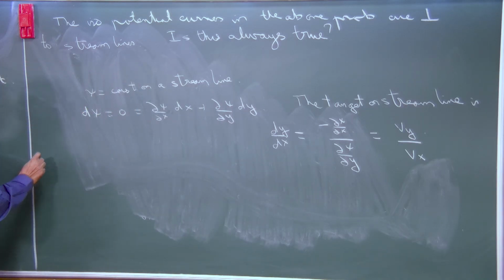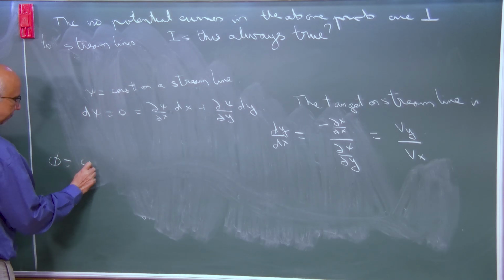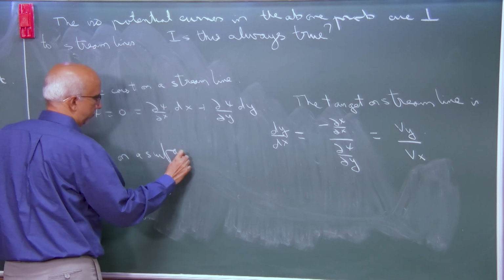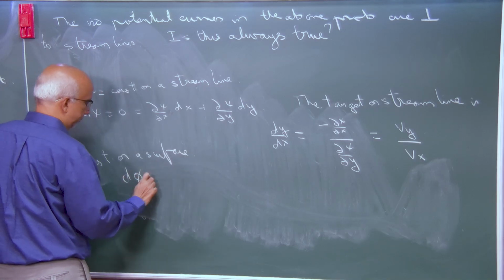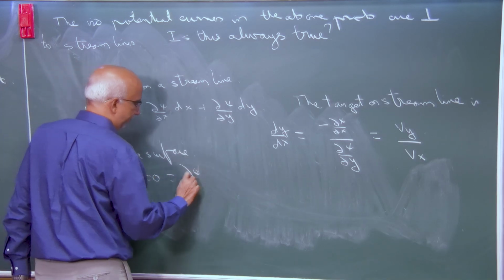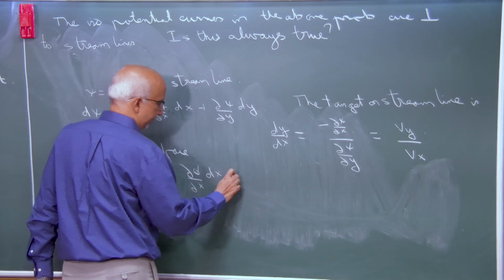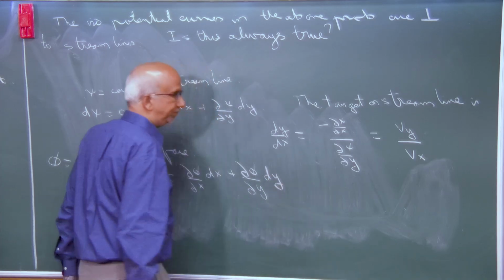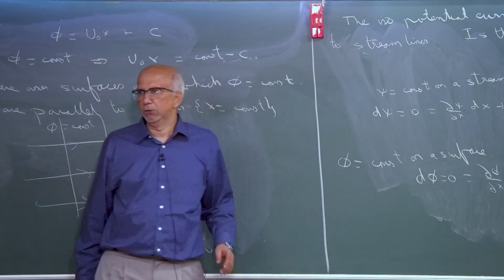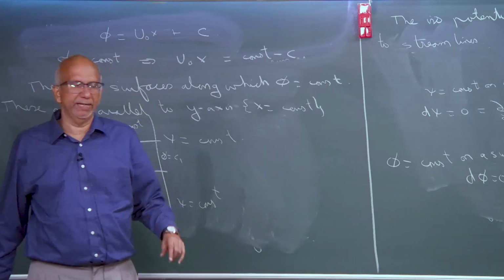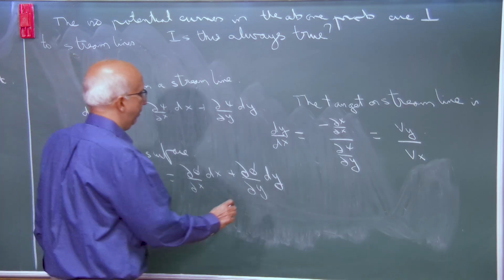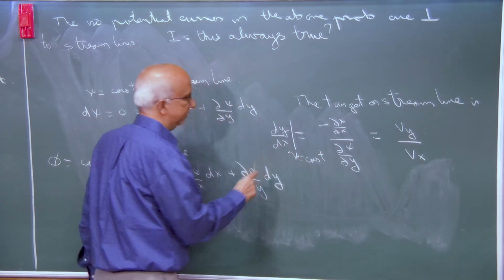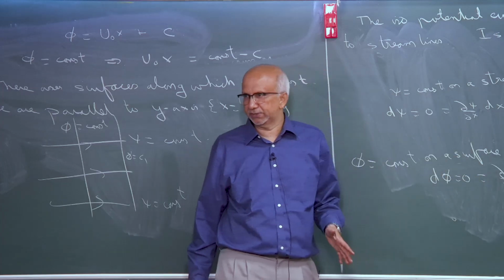Now, if phi is constant on a surface, again d phi is 0, which is d phi by dx dx plus d phi by dy dy. So, this is dy by dx along psi equals constant, the tangent along the line where psi is constant.